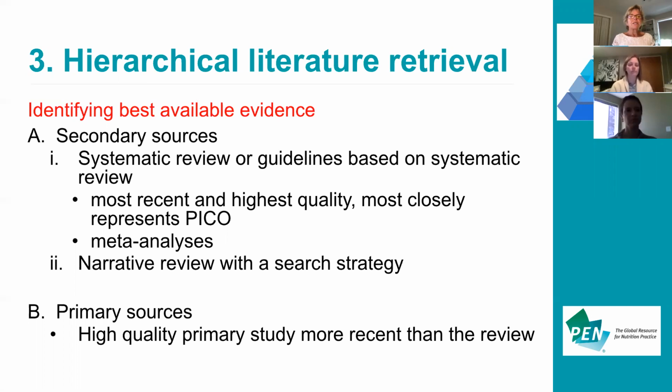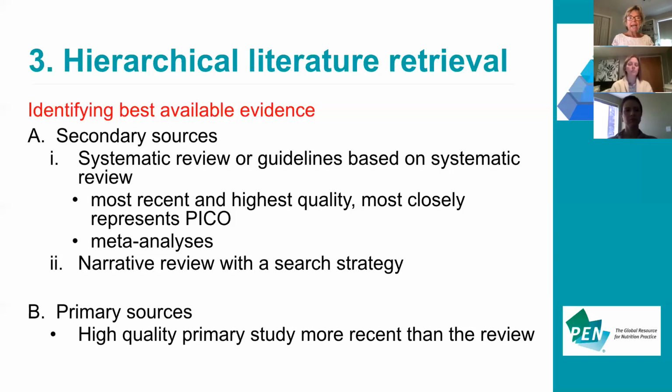Another secondary source could be a narrative review. Caution about narrative reviews, that sometimes they can be very opinion-based. So if a narrative review is included, it should have a search strategy and be balanced and objective. But again, someone has gone to the work of identifying the literature on the topic, and where that can be summarized using a narrative review, that's helpful.